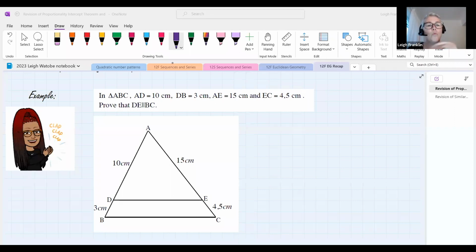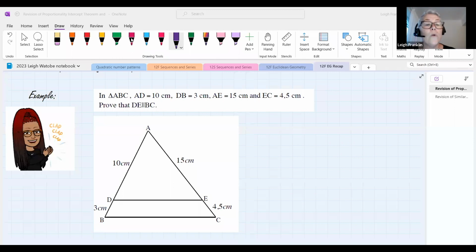So what we want to establish is that the proportion of AD to DB is the same as that for AE to EC. And this is how we would set it out. All of this information is on the diagram for us. AD is 10 centimeters, DB is 3, AE is 15, and EC is 4.5.